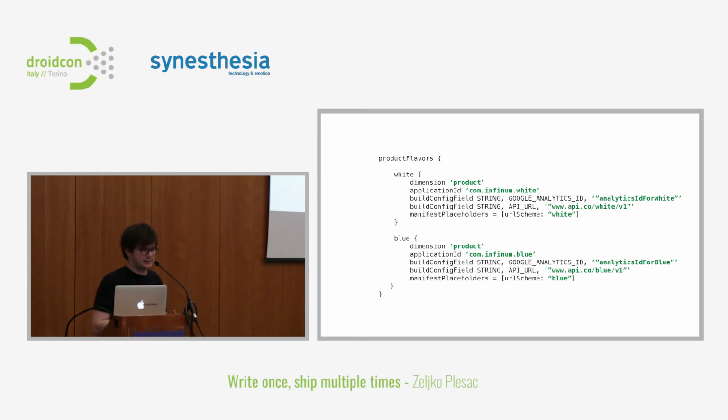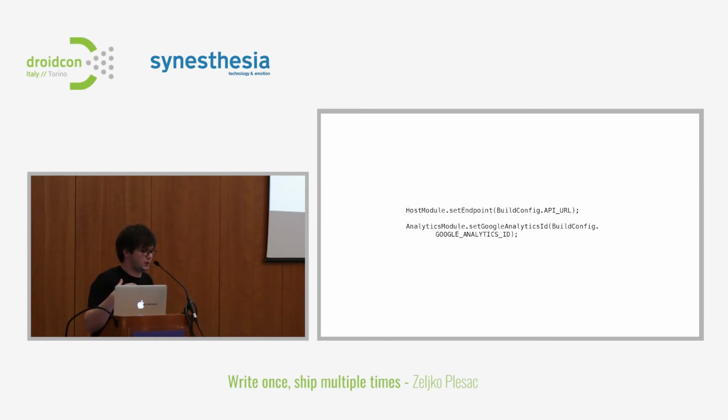They use same constants, Google Analytics ID, API URL, and URL schema, but the values are different. So basically, you can see that API URL changes between those 2 apps and Analytics ID and stuff like that. And then in the code, you don't use hard-coded values. You use the constants from build config file.